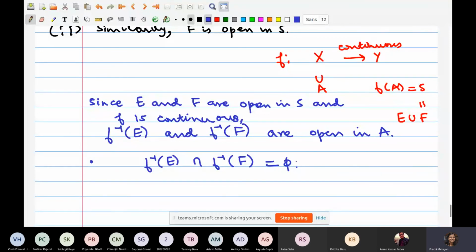And the second statement is that the set A that we started off with is actually the union of these two sets.